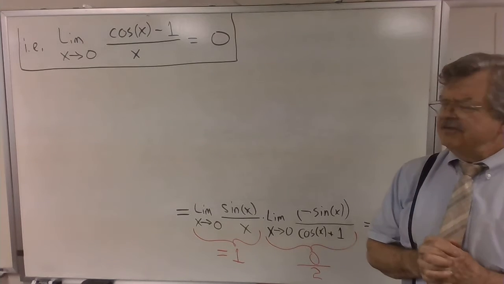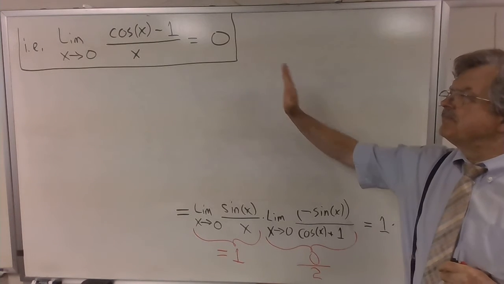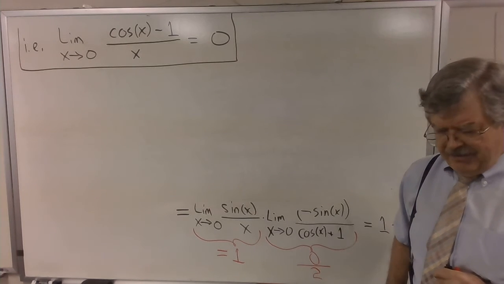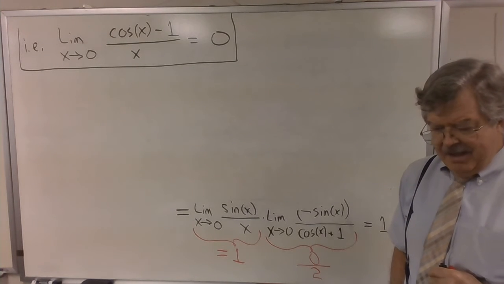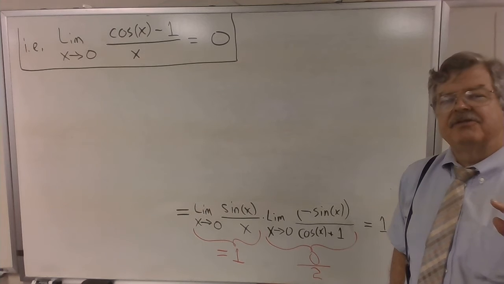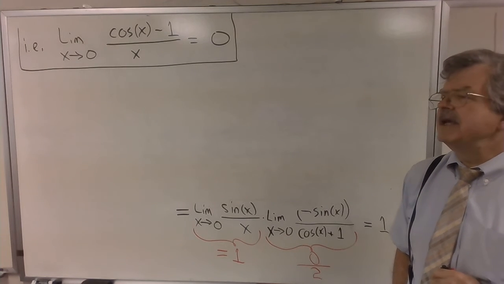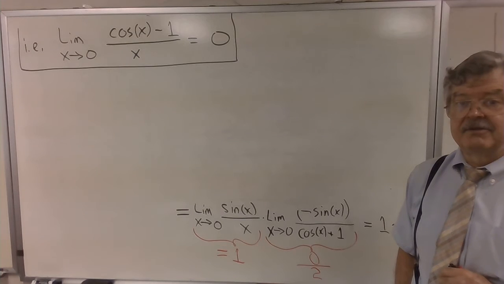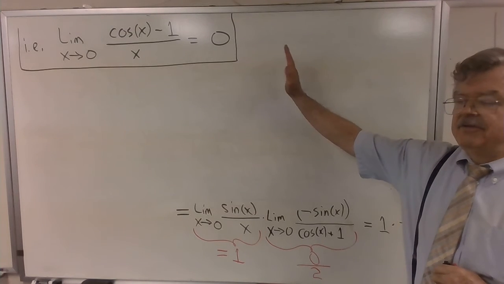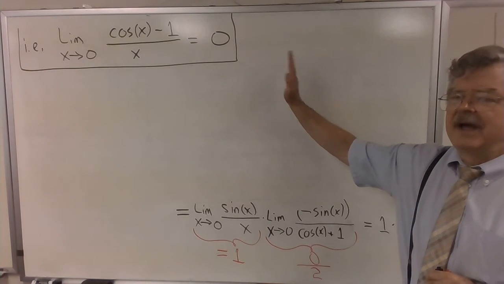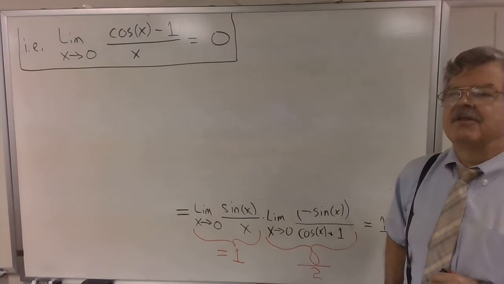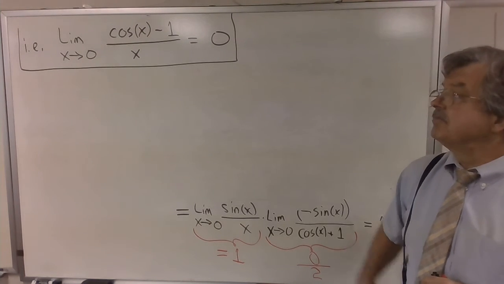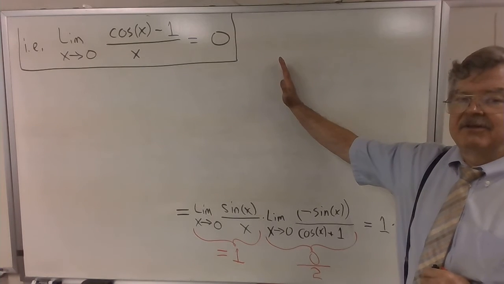Now, the reason that I had to prove these two theorems or lemmas is that these limits come into play when we compute the derivatives of sines and cosines. So we just got these out of the way so that when we computed the derivatives of sines and cosines, we'd have these limits handy.